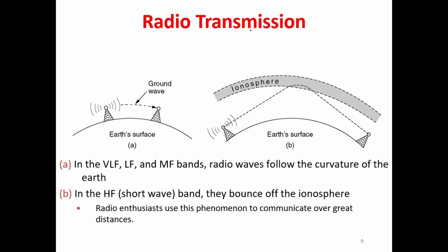But this is another type of communication, radio transmission. This depends on the frequency that we are using. If we are using very low frequency or medium frequency bands, then the radio waves follow the curvature of the Earth, as you can see here.